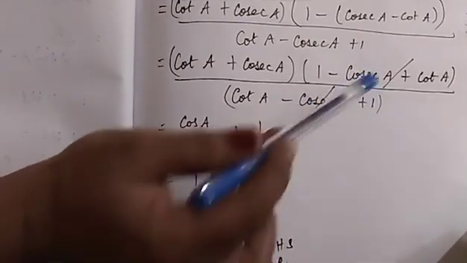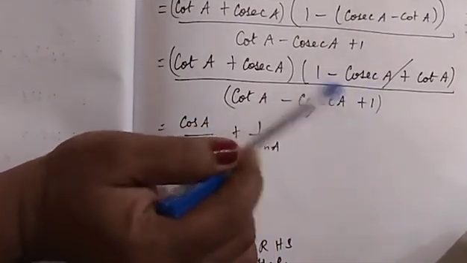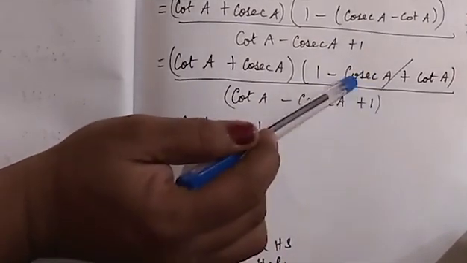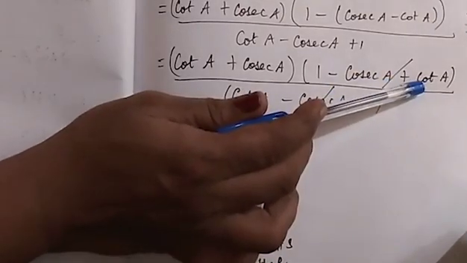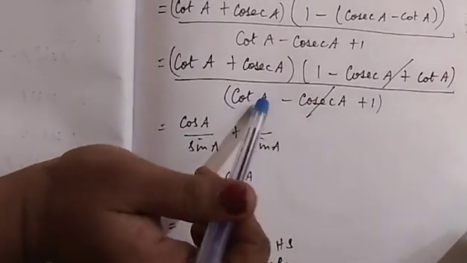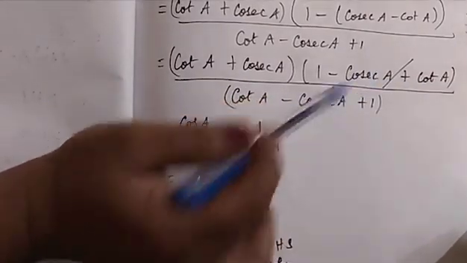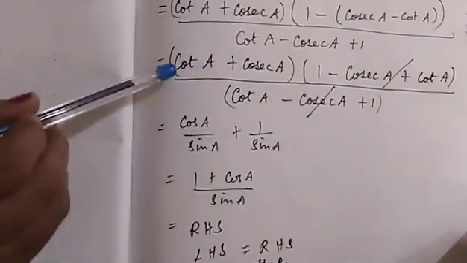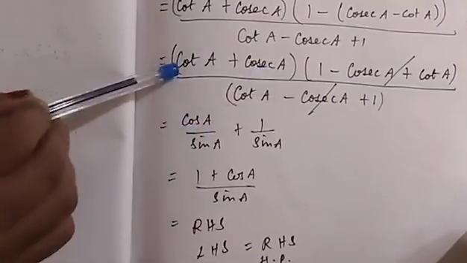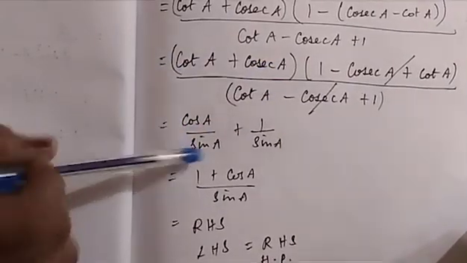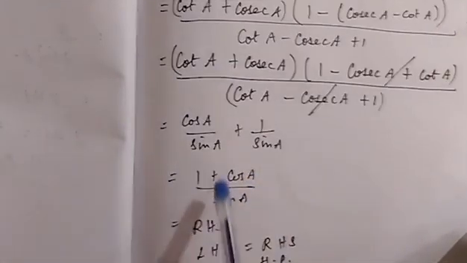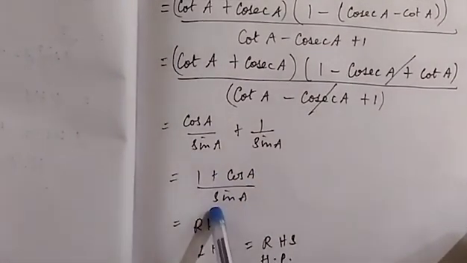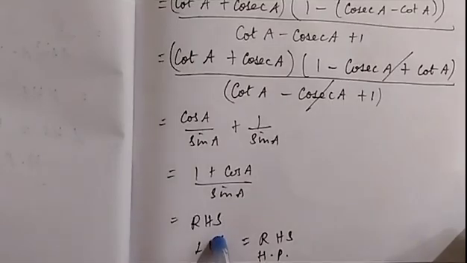Now see these two brackets. 1 positive, minus cosecant A, minus cosecant A, then positive cot A, plus cot A. So cancel these brackets. So what is left? Cot A plus cosecant A. Cot A is cos A upon sin A, cosecant A is 1 upon sin A. Then you write 1 plus cos A upon sin A, that is right hand side. Hence proved.